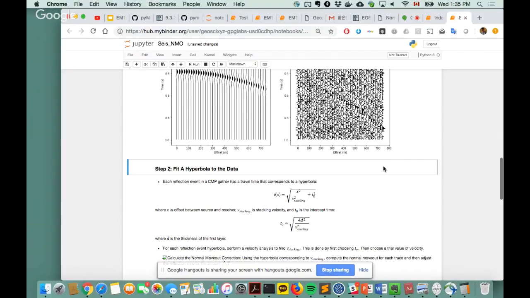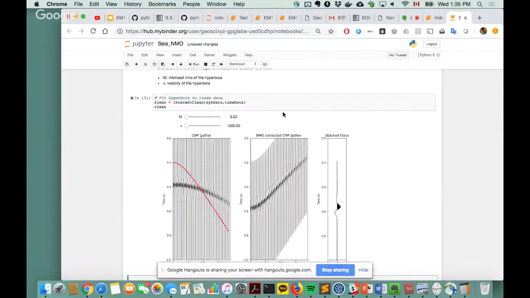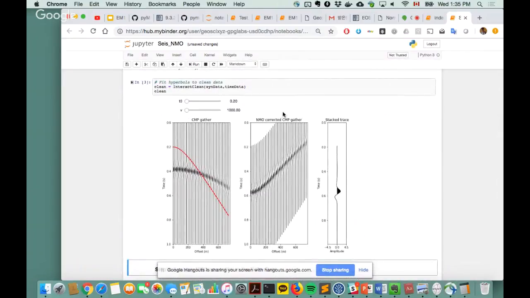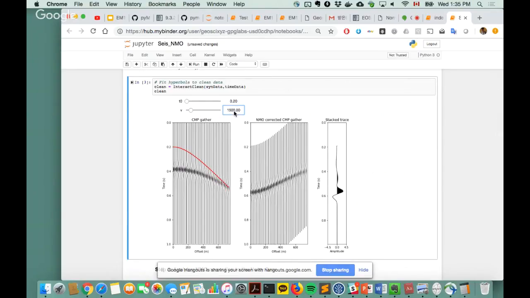We're going to go through it in the lab, but I'm just showing you how it feels. So to correct it, we need to estimate the stacking velocity, right? Here, let's say I'm just changing the stacking velocity. 1,500.